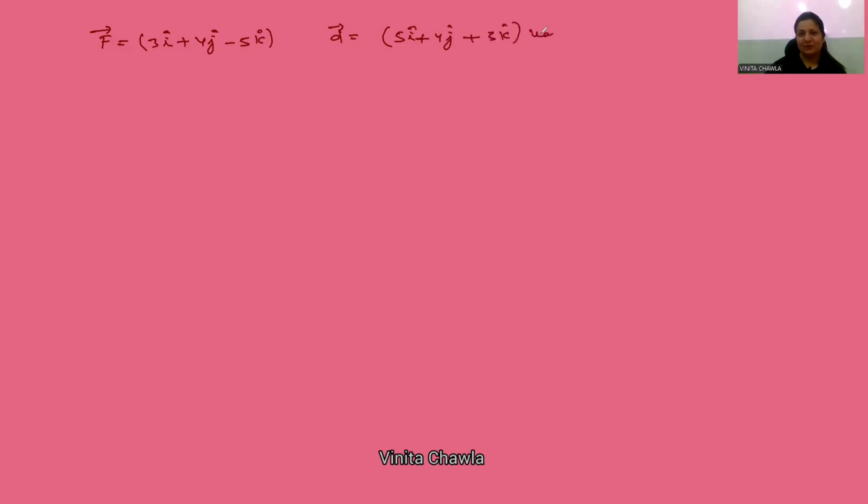Now we have to find two things: number one, the angle between vector f and vector d, and number two, the projection of vector f on d. This is what we have to find out.